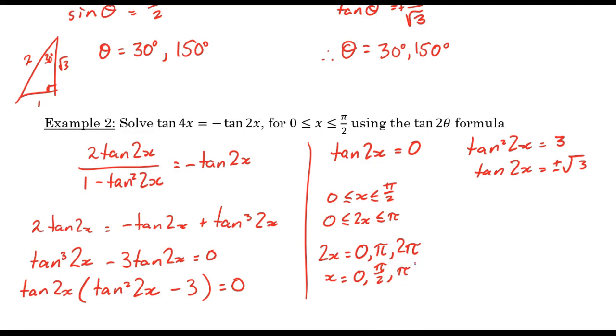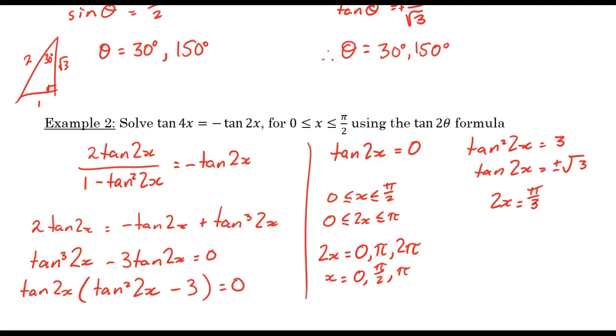Now over this side here, if tan 2x is plus or minus root 3, that means that my angle, for tan equals root 3, will be 60 degrees, or pi on 3. So this means that 2x equals, now, pi on 3 is our related acute angle.